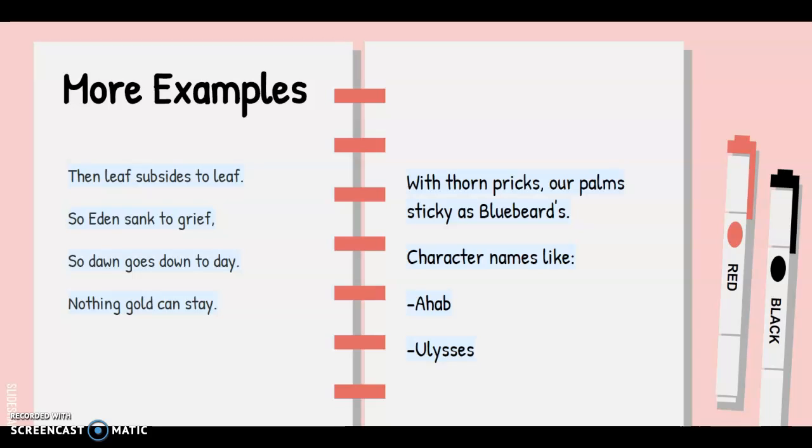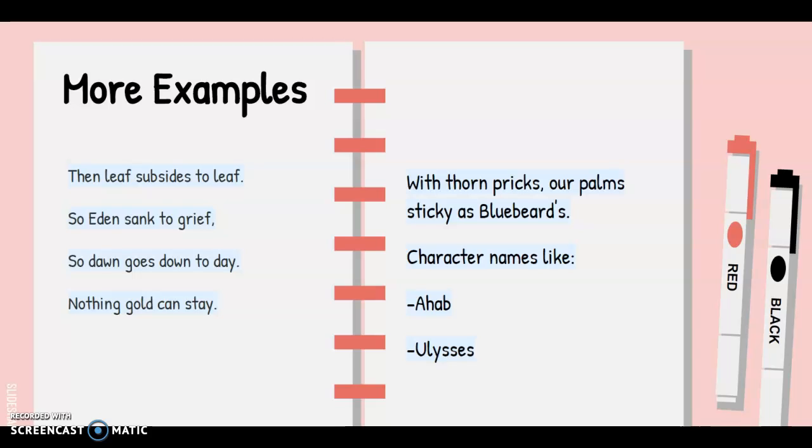So, another example, one that you should all be familiar with, because it's from a poem that we read last week, Blackberry Picking by Seamus Heaney. "With thorn pricks are palms sticky as Bluebeard's." So, Bluebeard here is an allusion to a French fairy tale character. In the fairy tale, you don't need to know the whole story, but basically he murders a bunch of people, and his hands are gross and covered in blood, and it's nasty.